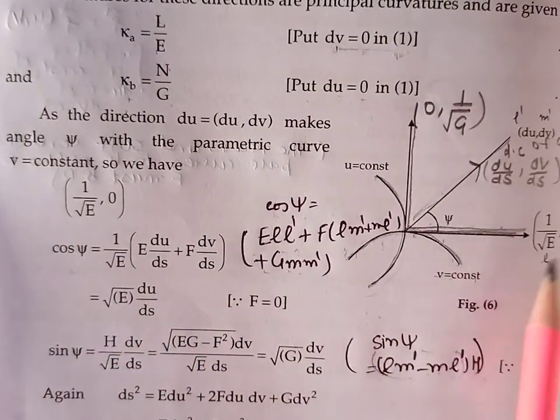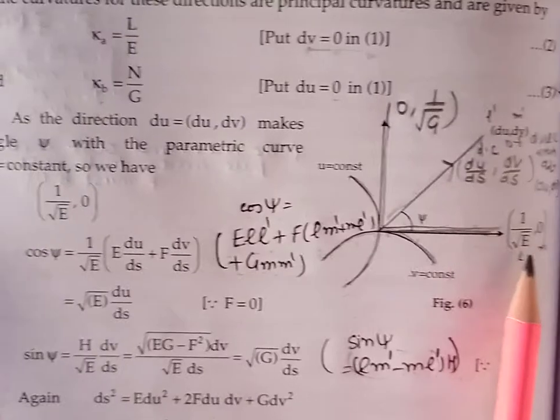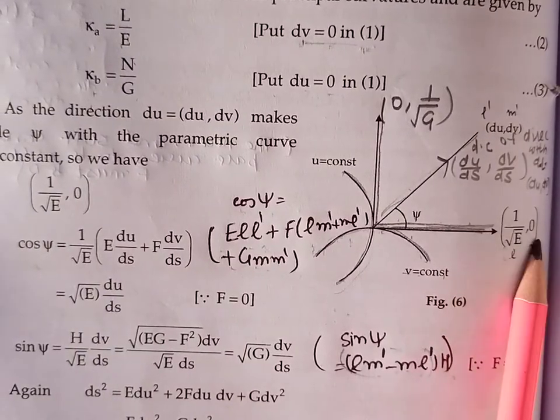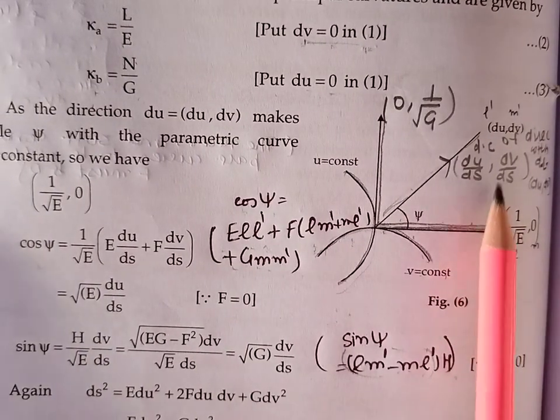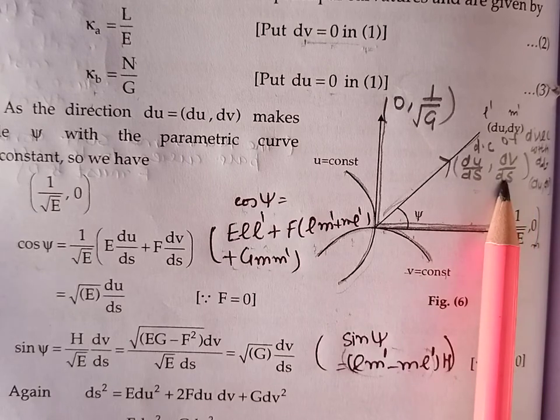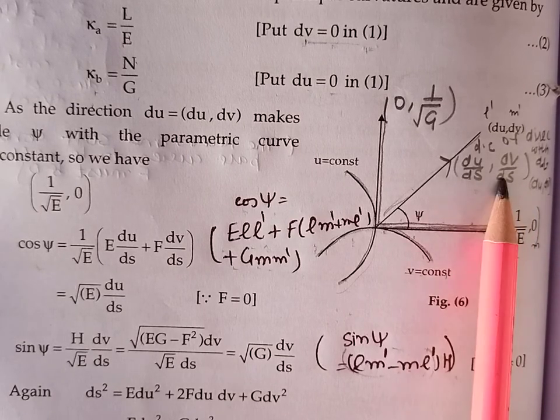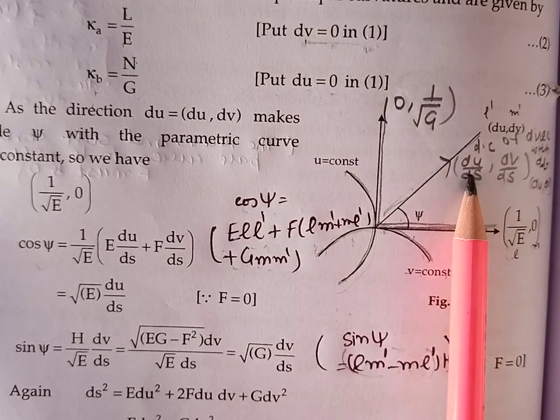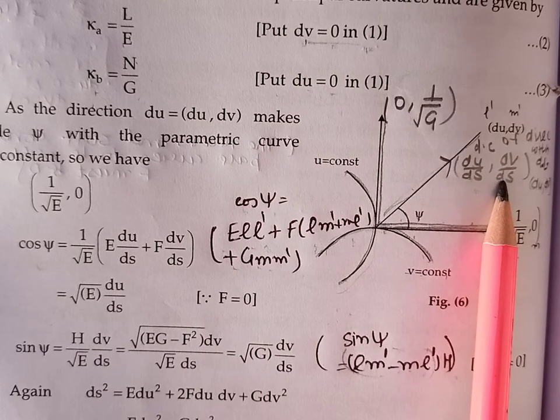Here taking 1 by root E and 0 as l, m, and du by ds and dv by ds as l dash and m dash. Du by ds and dv by ds, these are the direction coefficients corresponding to the direction ratios du, dv.